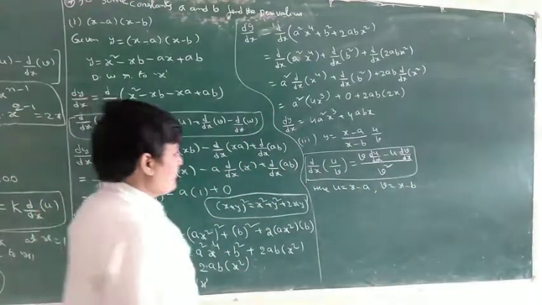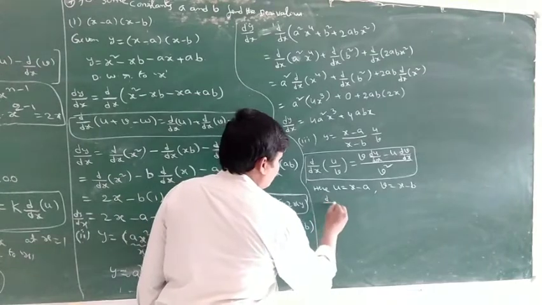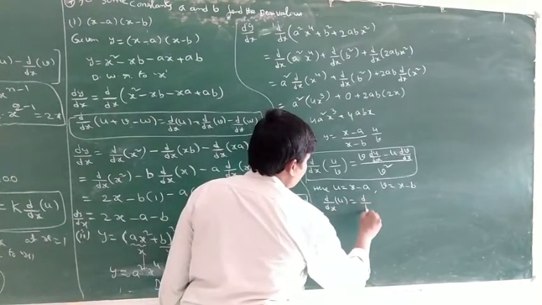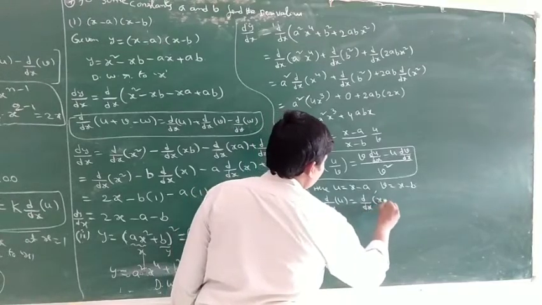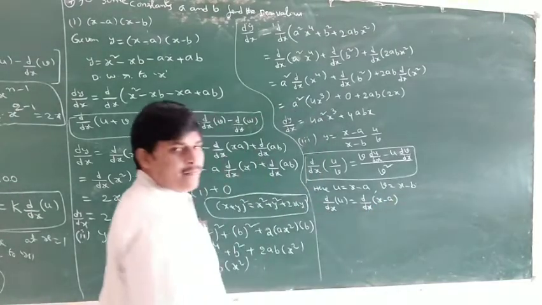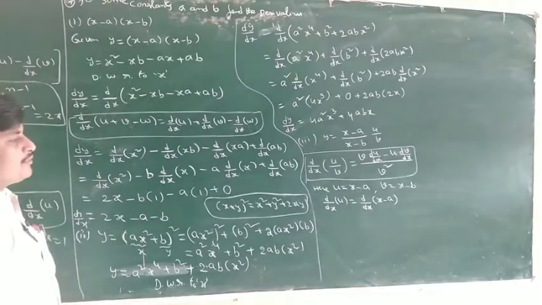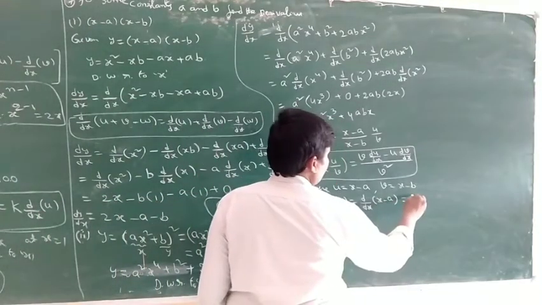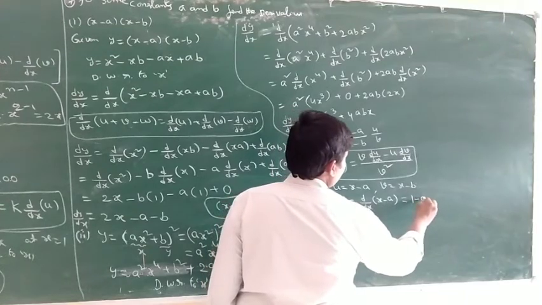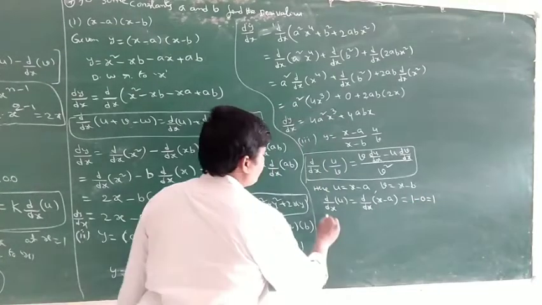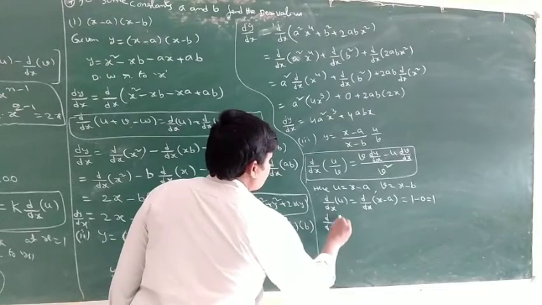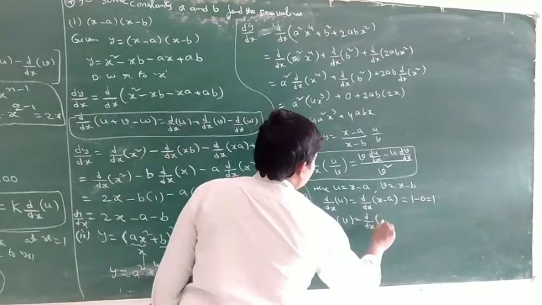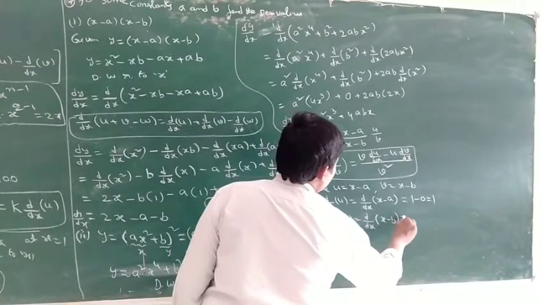Okay. So the derivative of u is d/dx of (x − a), which is the derivative of x, 1, minus the derivative of a, 0, so 1. Now d/dx of v, v is equal to x − b.